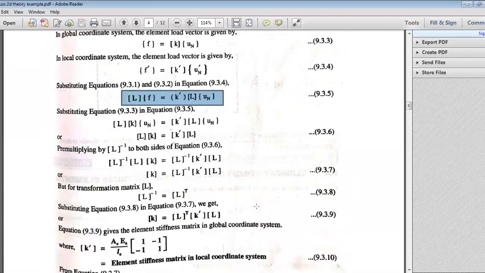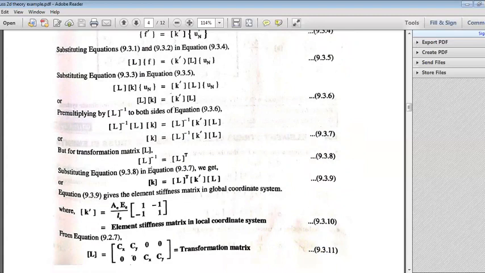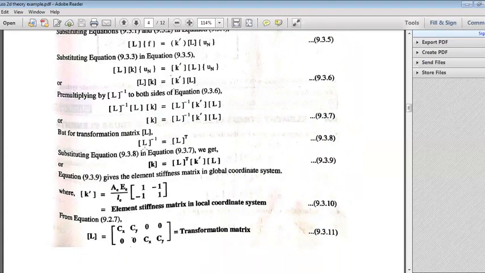Now the inverse of that transformation matrix is considered. On both sides of the equation we put this inverse, pre-multiplying by the inverse, so we get this transformation matrix. Here, the same way, you have to keep in mind the element stiffness matrix, A by L upon 1 minus 1 minus 1 1.